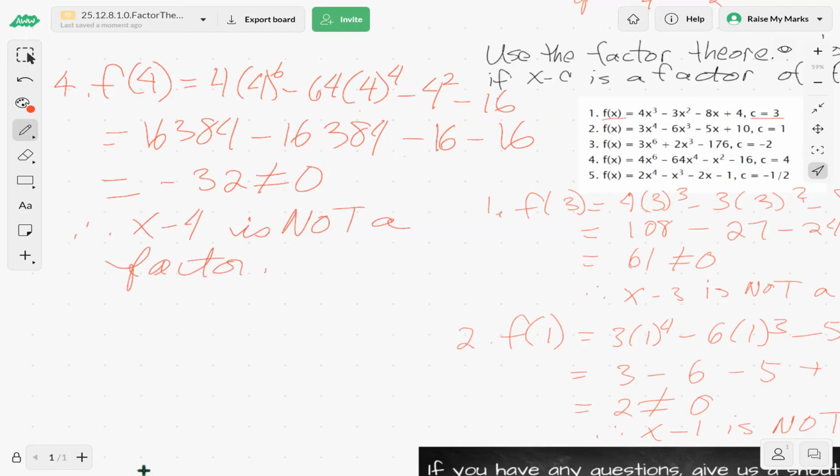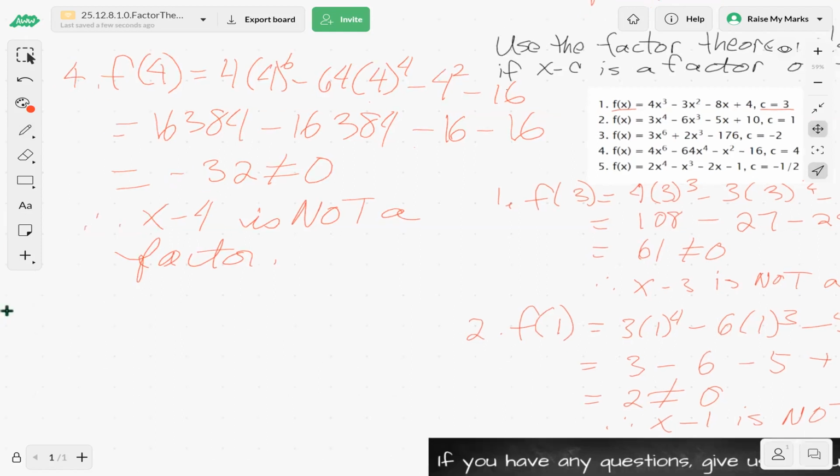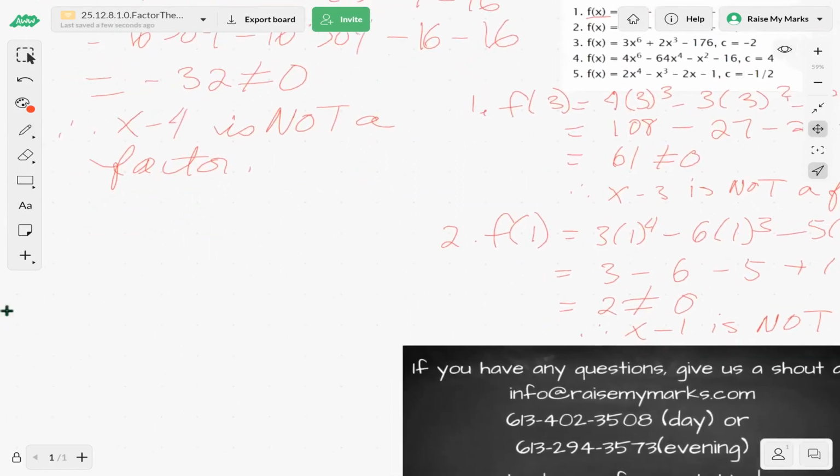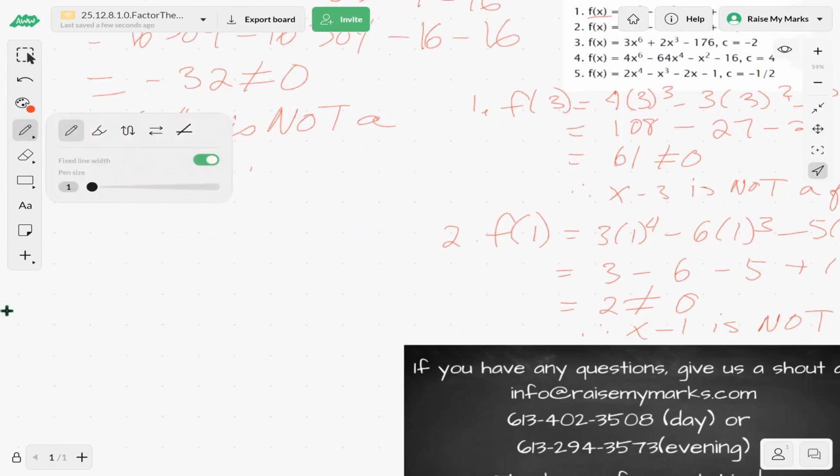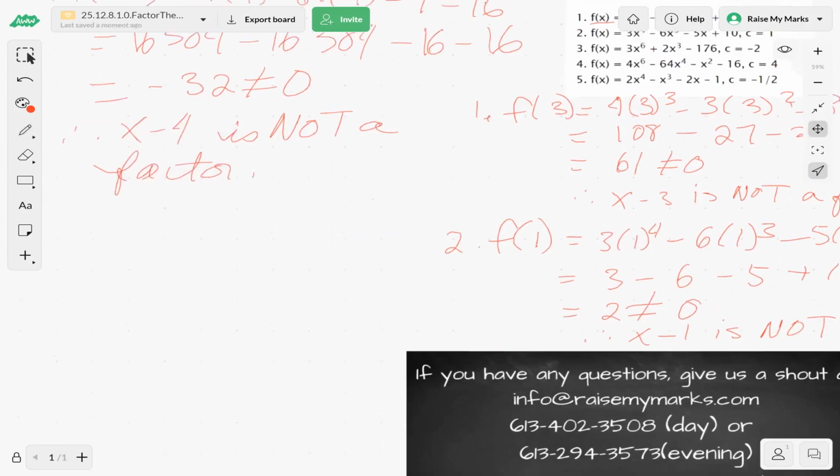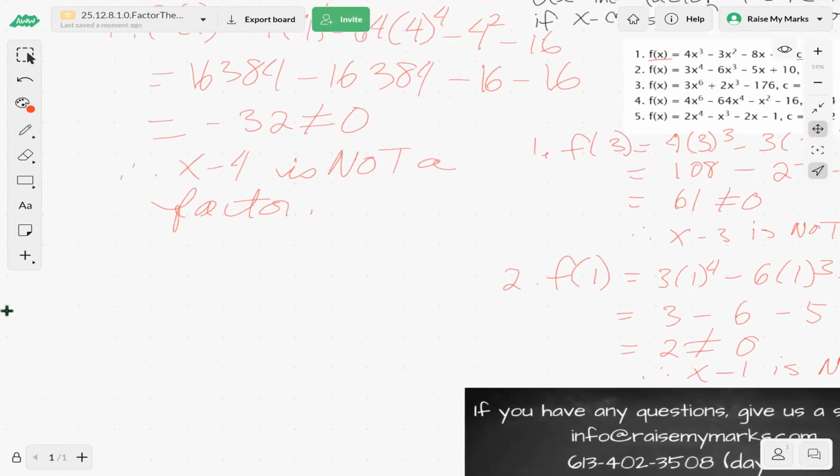Okay, so one more, number 5. So number 5, f of x equals 2x to the power 4 minus x cubed minus 2x minus 1, c equals negative a half. Do we have space? I think we have space. Let's see if we can squeeze it in here.